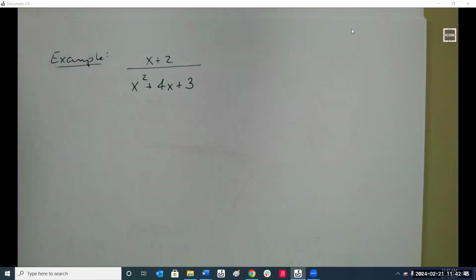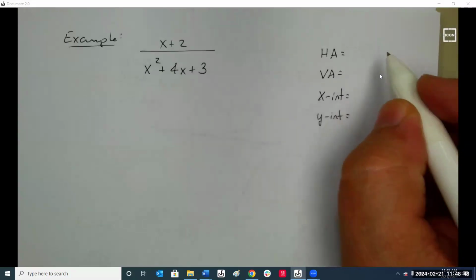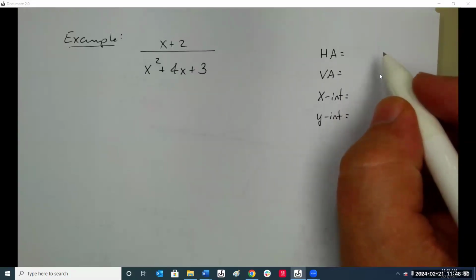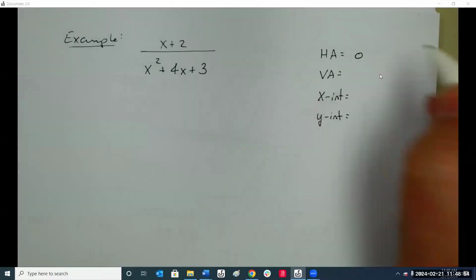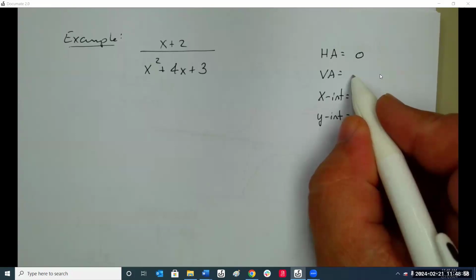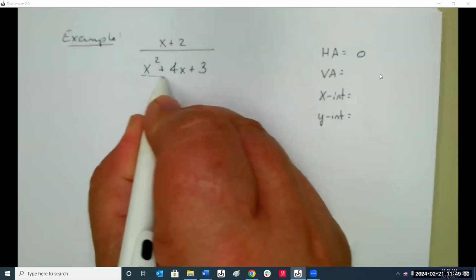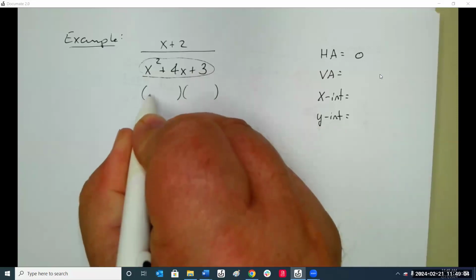Let's look at this one. Do we have a horizontal asymptote? Since there's more on the bottom, it's 0. Do we have a vertical asymptote? Well, first off, we have to take this equation and see if we can factor it.